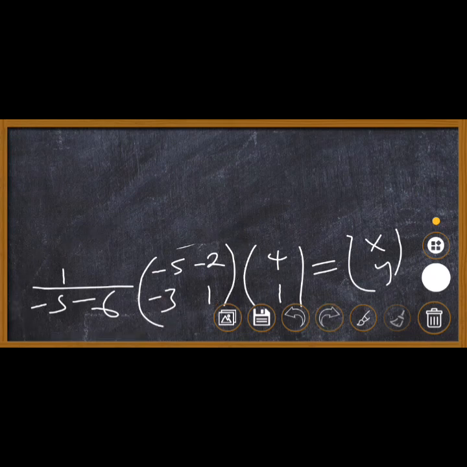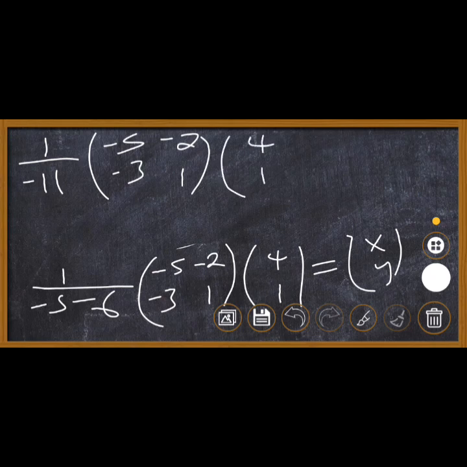Okay, so in this case then it's 1 over negative 5 and negative 6. There it's negative 11. So here we have negative 5, negative 3, negative 2, 1, and then here we have 4, 1.